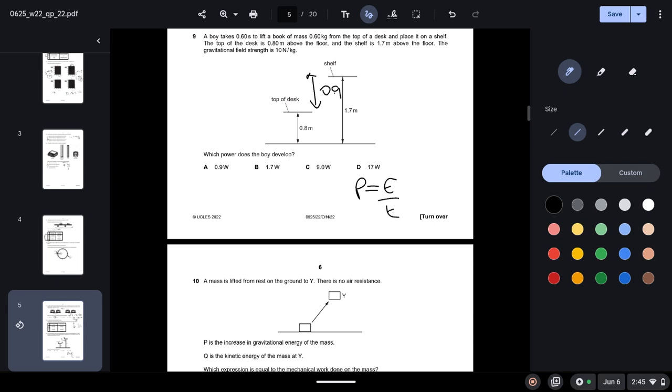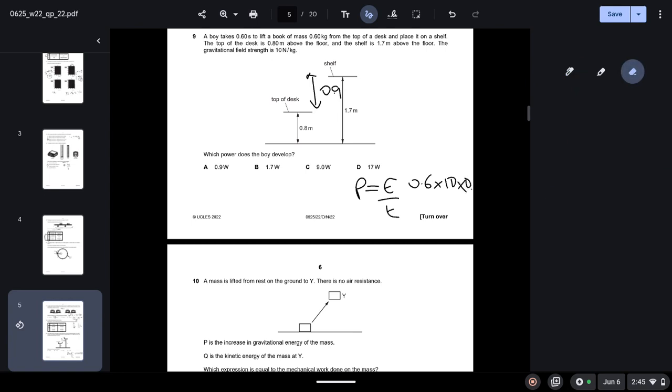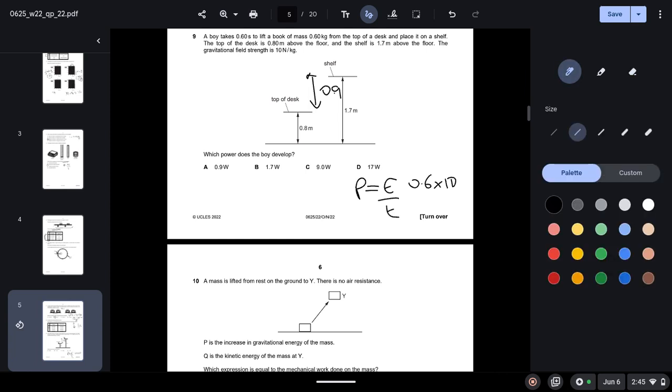The mass of the book is 0.6, g we know is 10, and height is 0.9. So 0.6 times 10 times 0.9 divided by time, which is 0.6 seconds. So you will get 9 watts.